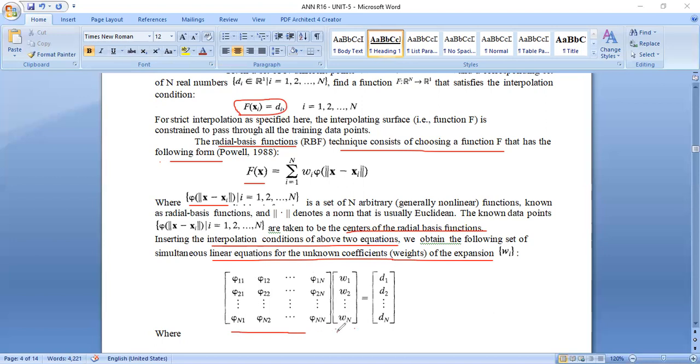The wi into phi of the norm of x minus xi is used to calculate the center point of that particular neuron, right? So by multiplying these two, we can get the desired responses.